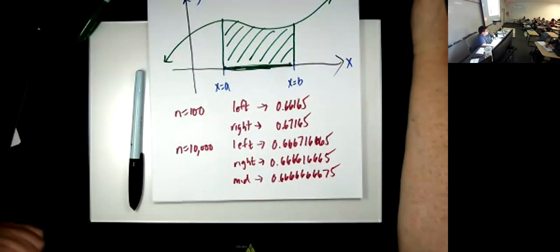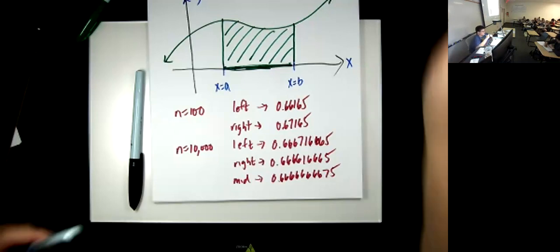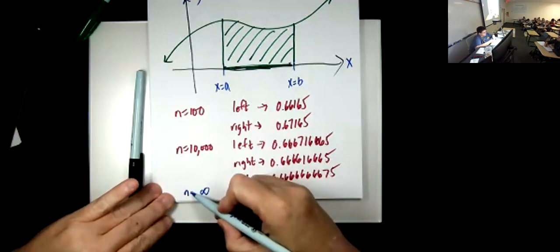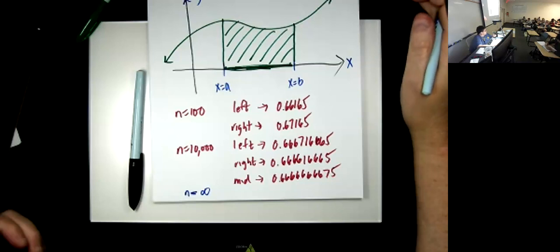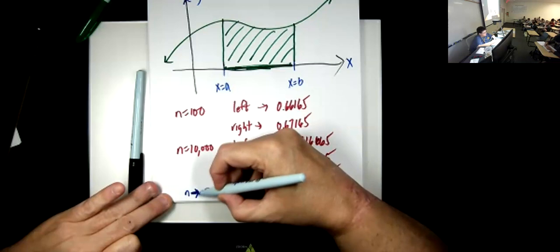This is making more and more rectangles that are narrower and narrower. Does that make sense? What happens if I use an infinite number of rectangles? Well, I can't really use an infinite number, but what if we say n approaches infinity?